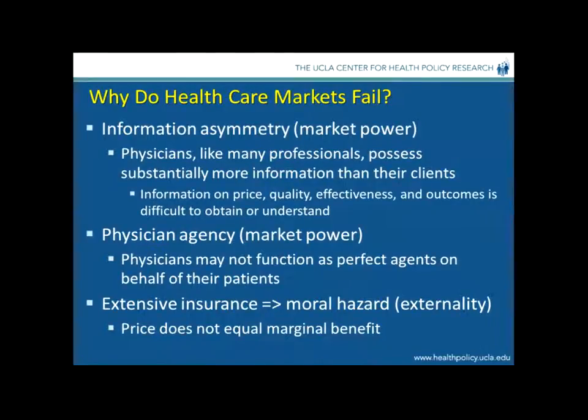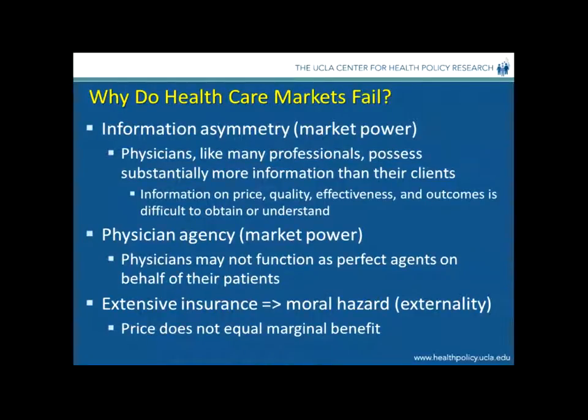So in this context, the moral hazard is not a judgment of the character of individuals. It's more that when you lower the price by providing extensive insurance, people will use more, and they may use more than is really necessary, but they're responding to the lower price, as opposed to the true value of the service.